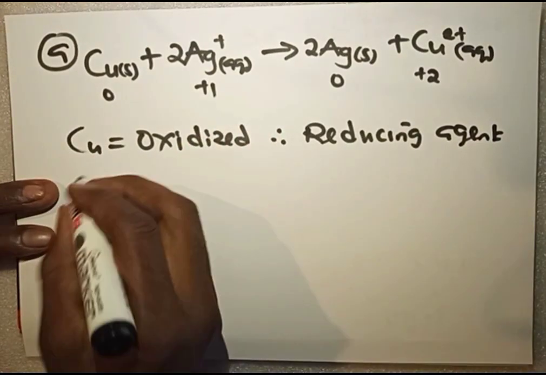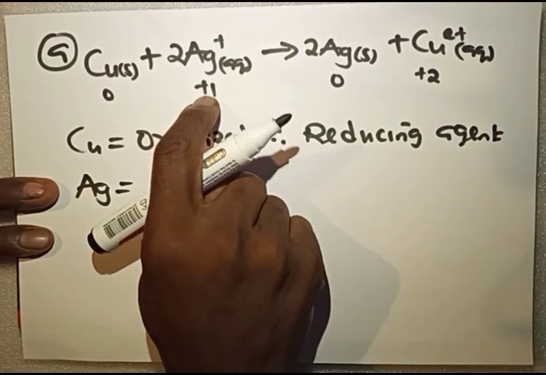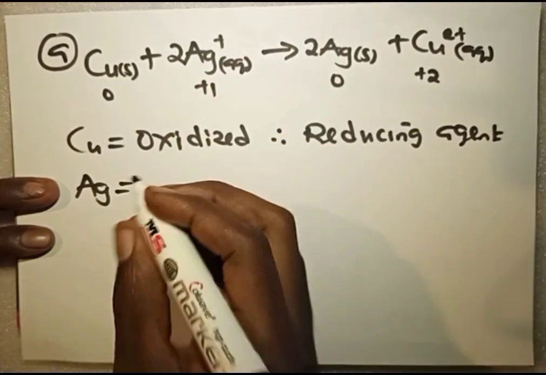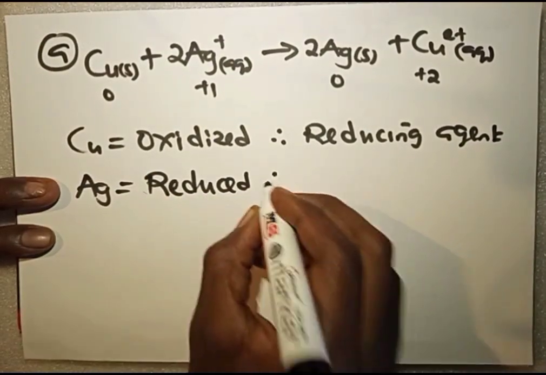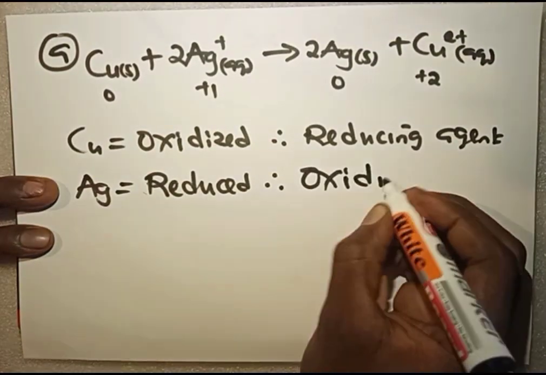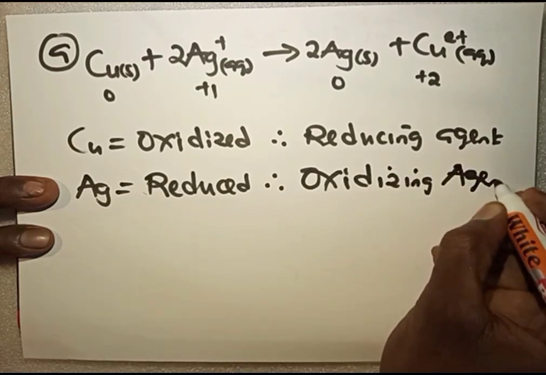The next one, silver. What has happened to silver? Silver, the oxidation state has reduced from positive 1 to 0. So meaning silver is reduced. Therefore, since it is reduced, it is an oxidizing agent.